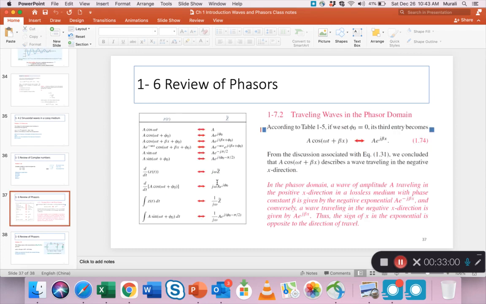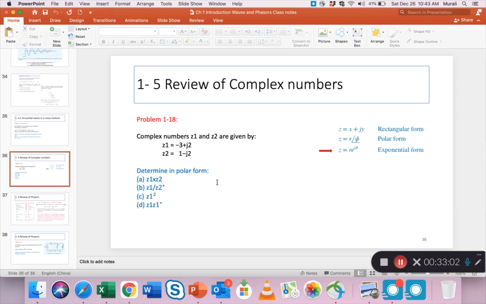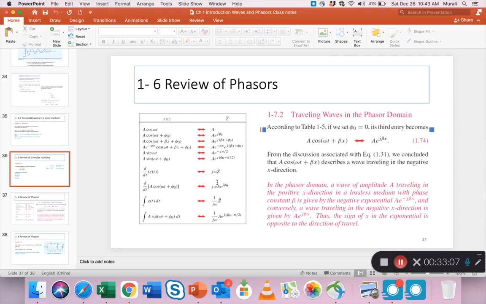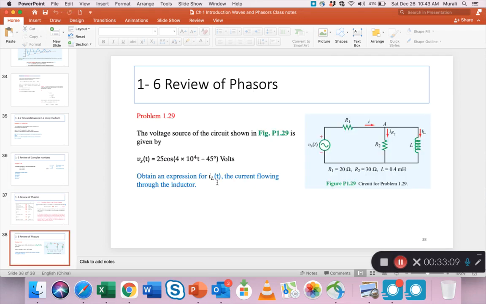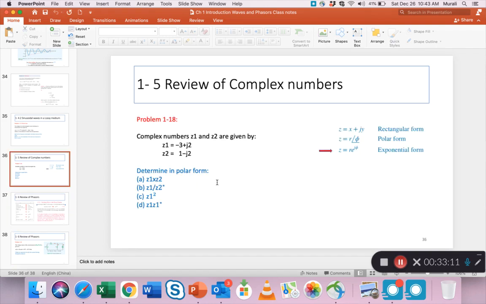Now, what else do I have left? So I have review of complex numbers and I have review of phasors. Now, like I said before, I certainly hope by now, and I'm sure all of you are pretty comfortable with complex numbers and phasors. After all, we did the same stuff in EE 188, then we did EE 280 where we used these ideas.